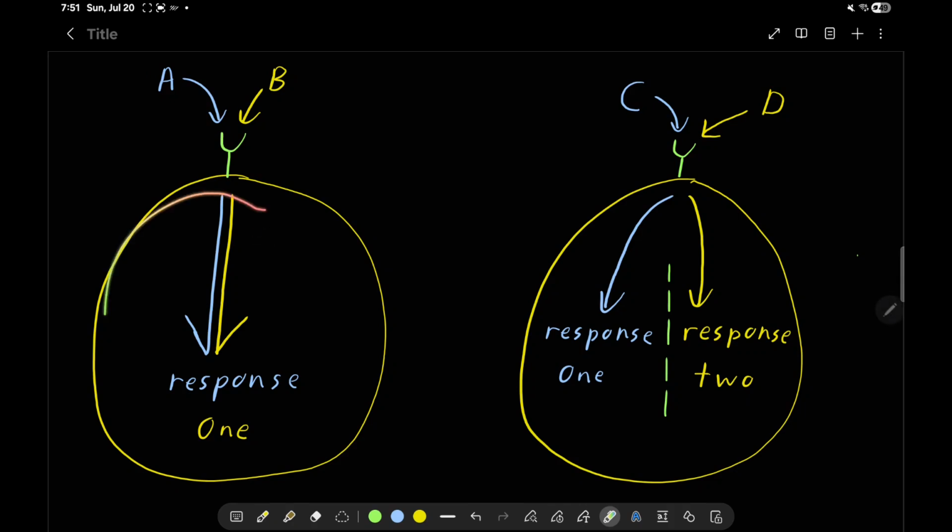So for example, in cell number 1 here, you have an orthosteric receptor and you have agonists A and B, which can come and bind to your orthosteric receptor and produce similar responses. But then over here on cell number 2, you have an orthosteric receptor and you have two different agonists, C and D, and they can both come and bind to your orthosteric receptor, but they are linked to different responses. So agonist C is linked to one response and agonist D is linked to a different response.